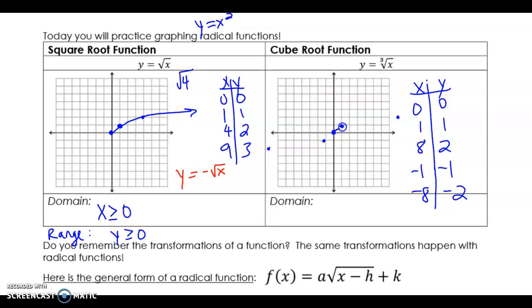Then connect the dots. So if you've graphed y equals x cubed, it's just the inverse of that one.